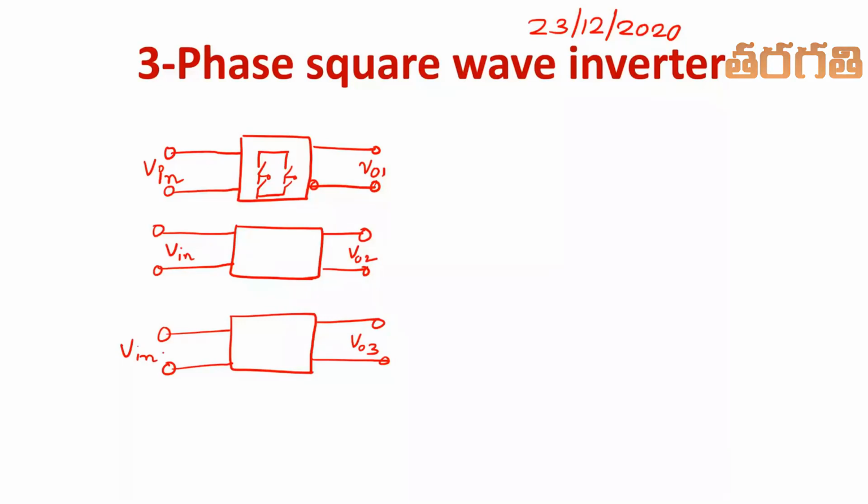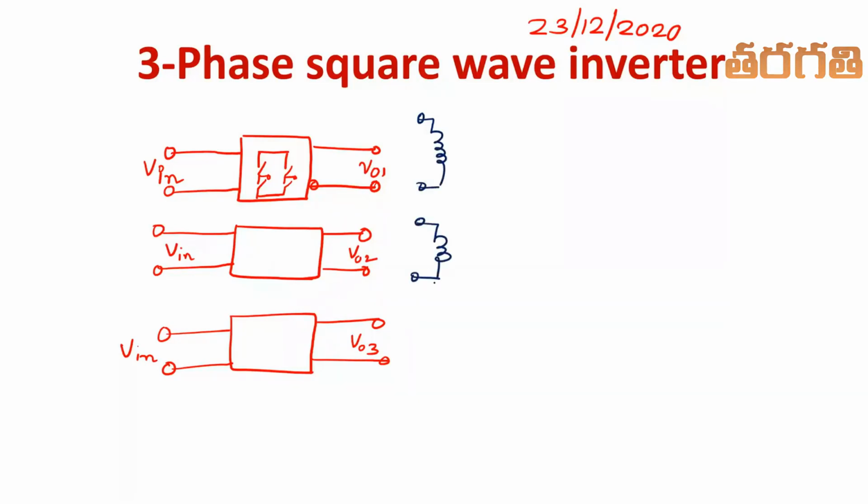Suppose that it is required to step up or step down these voltages. So what I do is I use a transformer. For the sake of convenience, I change the color of the transformer here. So these are the primary windings of the transformer.